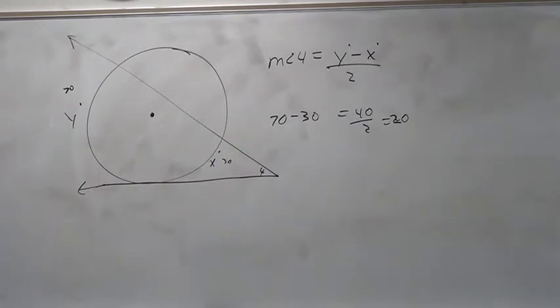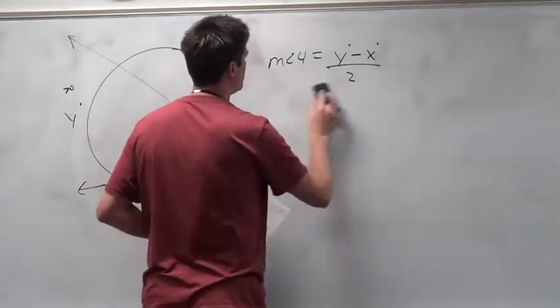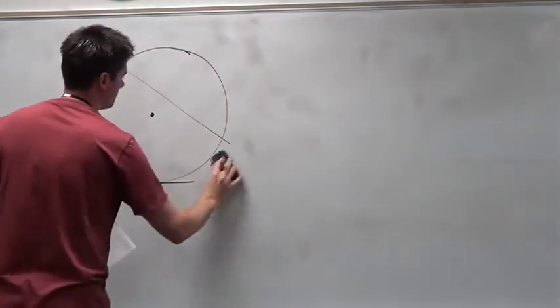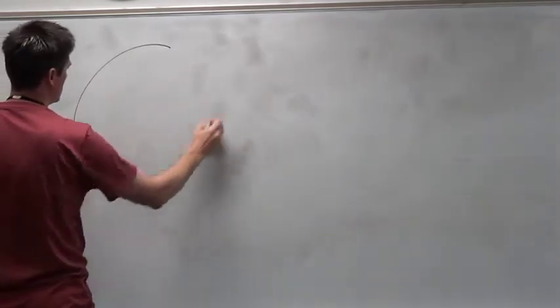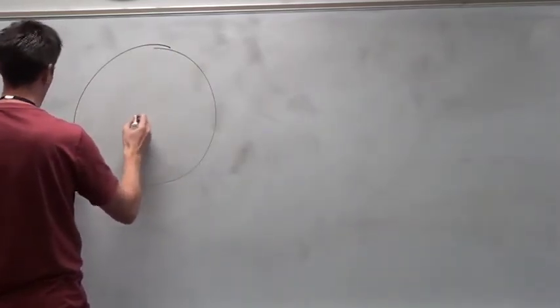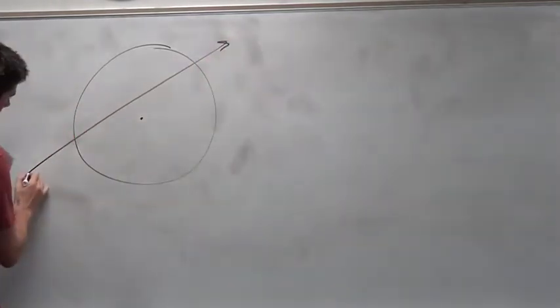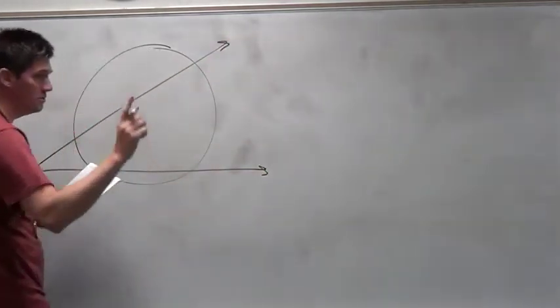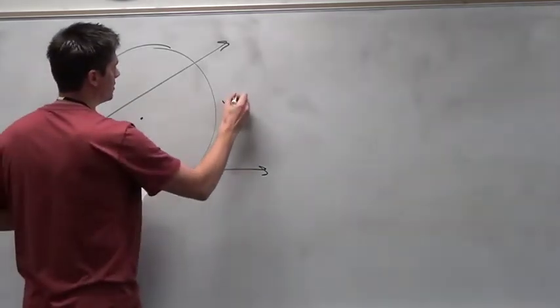Question 6. You have the exact same thing, only it's flipped. So we have almost the exact same diagram. The only difference now is that it's flipped. So now it's over here. It goes up like this, and it comes through the line. So now you got 2 secants forming this angle 4 over here, and we have x degrees there, and we have y degrees there.